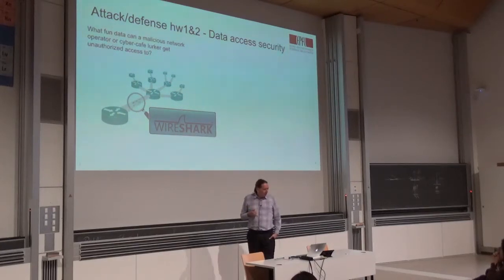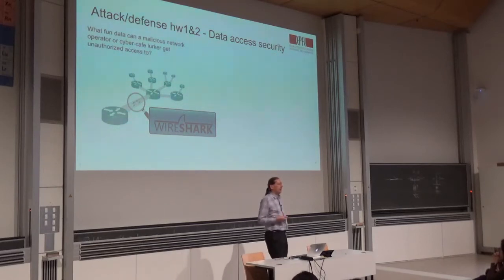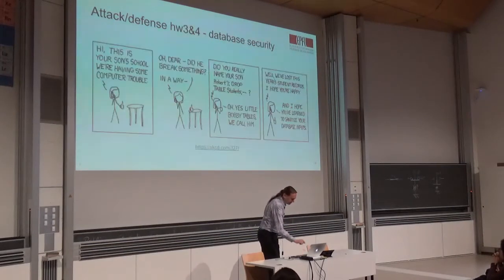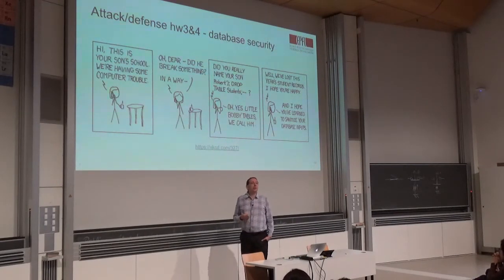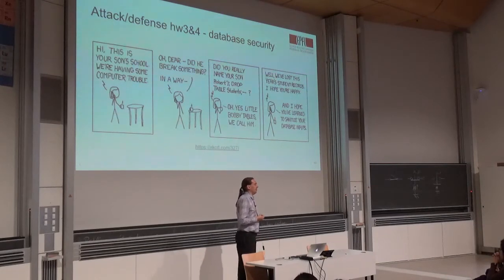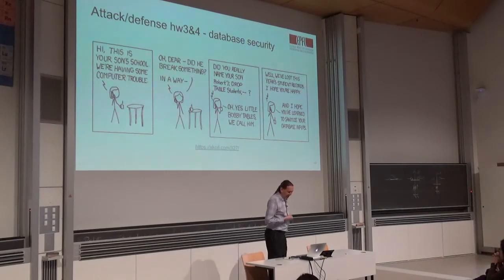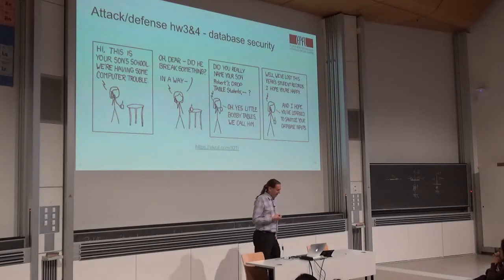Homework 1 and 2 really focus on data access security in a network context. What can attackers do by listening to and monitoring a network, and how can you protect against that? Homework 3 and 4 will focus a little bit more on databases, especially databases of particularly sensitive things like passwords.